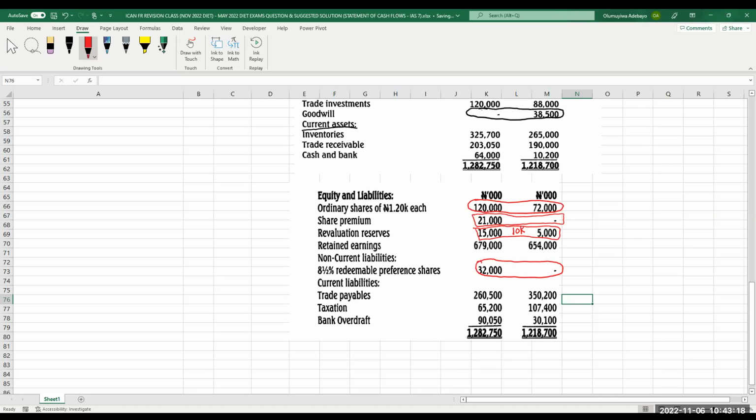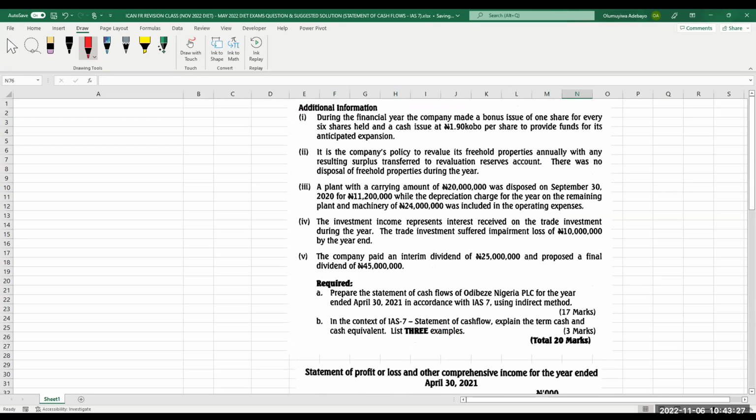Now you have trade payables, and you have your tax, and you have your bank overdraft. All of this information is critical to our discussion. Okay, and we are required to present for the entity. What's the name of the entity again? Let me check the question. Udibeze Nigeria PLC.